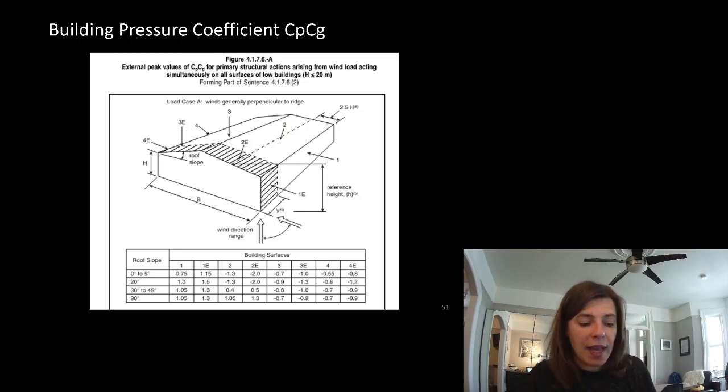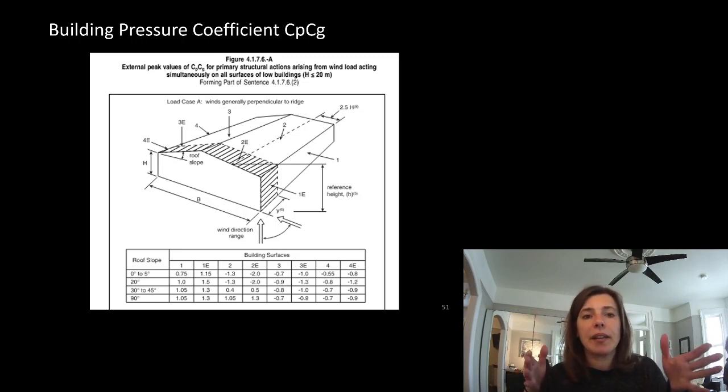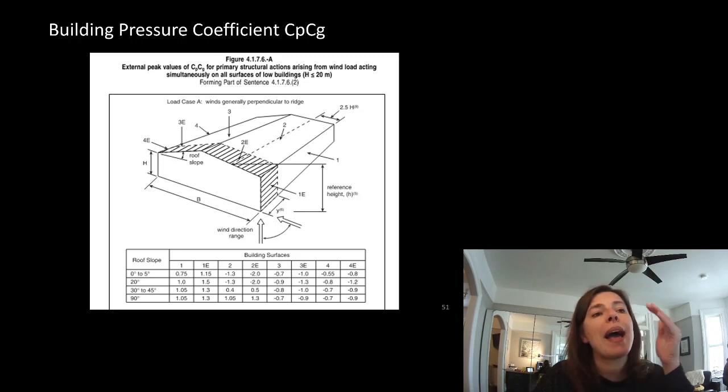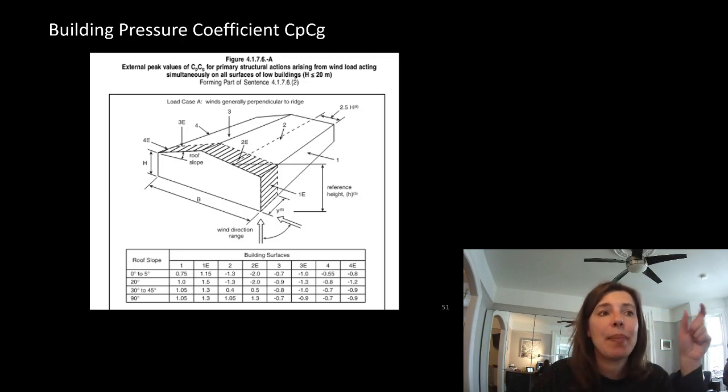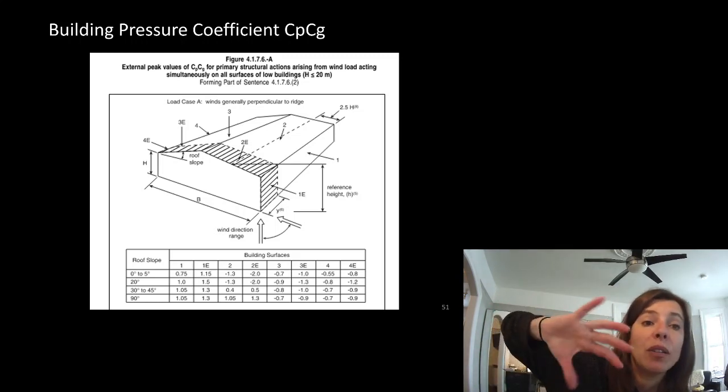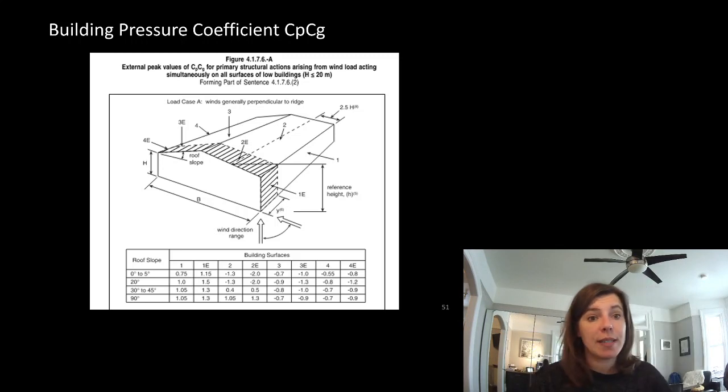What they've also done is built in a calculation that helps us think about the possibility of our building twisting. So imagine the wind is higher at one end than the other. This isn't about having high wind loads at each end. It's about trying to look at the possibility of our building twisting a little bit.